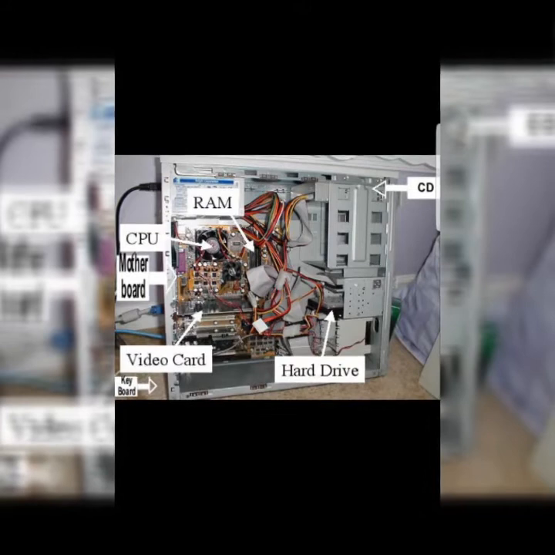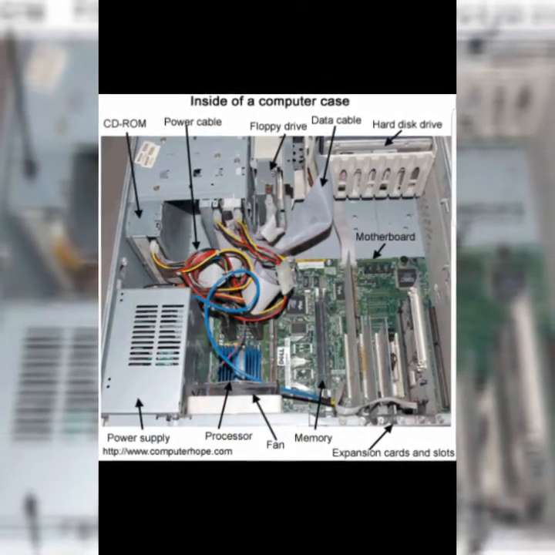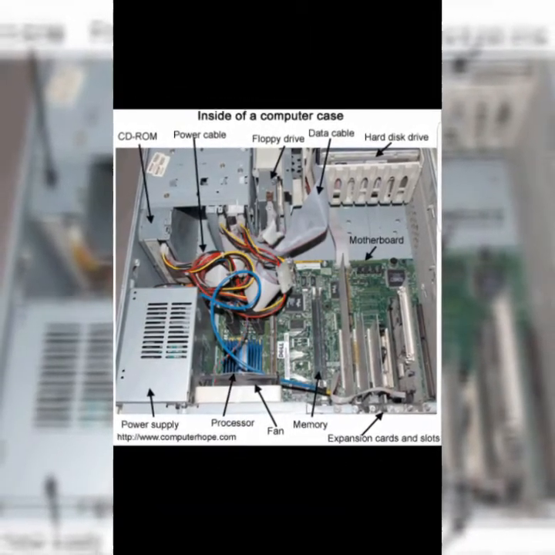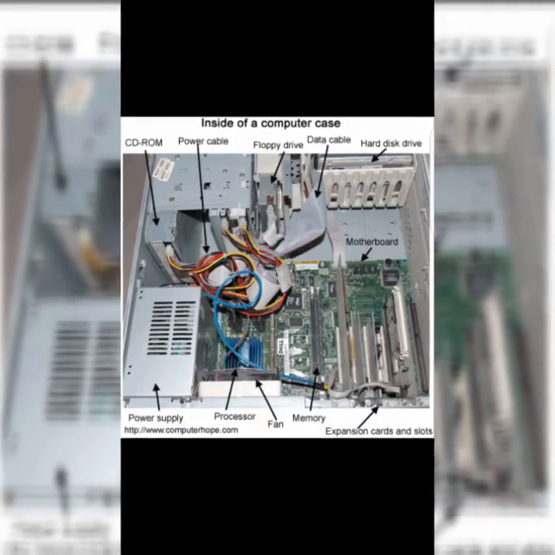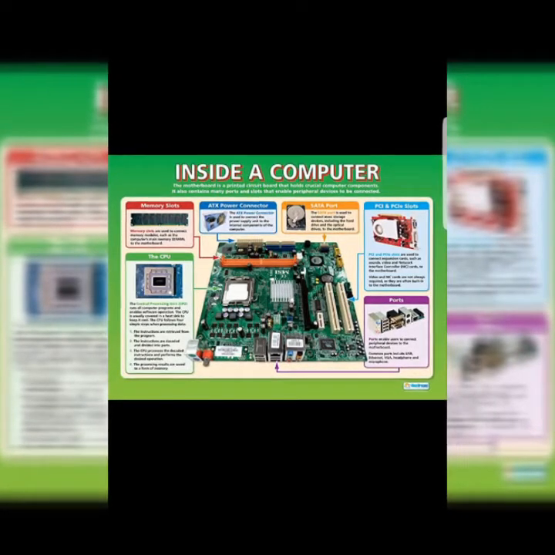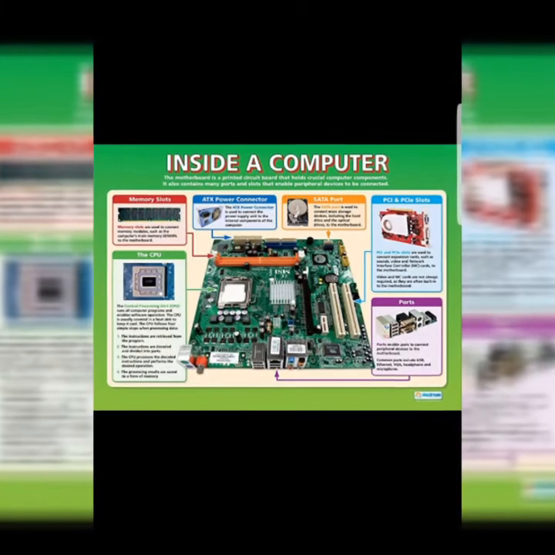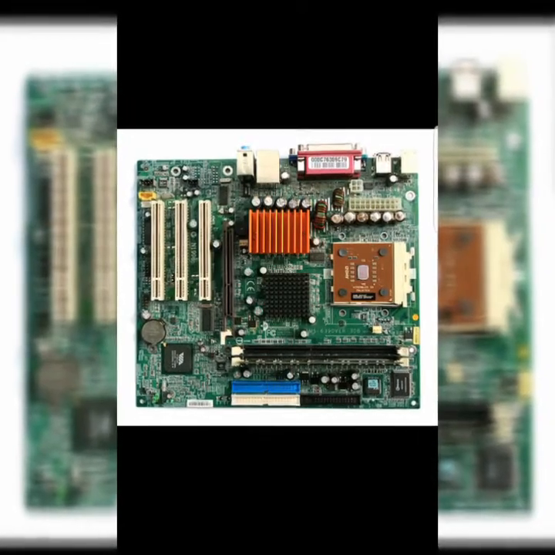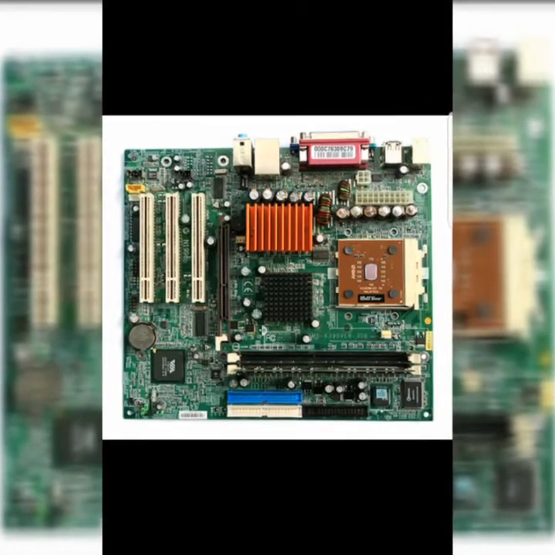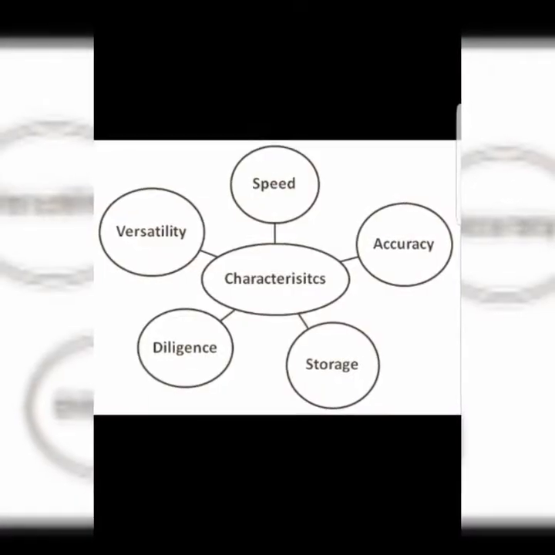So I can say the motherboard is a main circuit board, which holds together various components, like the CPU, memory, connectors for hard disk and optical drives, and expansion cards. The motherboard is responsible for providing a connection to every component of the computer.